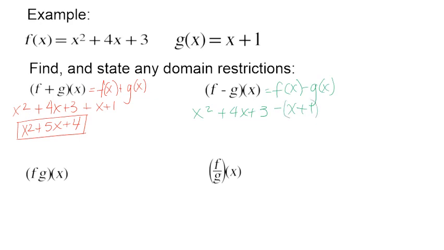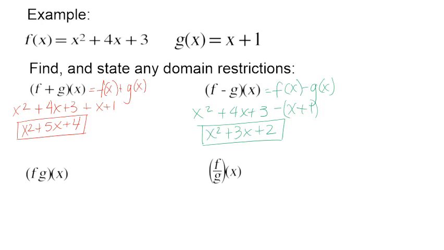So make sure that you put parentheses there because we should also be subtracting the 1 as well. Now when I make my simplified version, I'd have x squared. I'd have 4x minus x gives me plus 3x. Plus 3 minus 1 would give me plus 2. There we go.